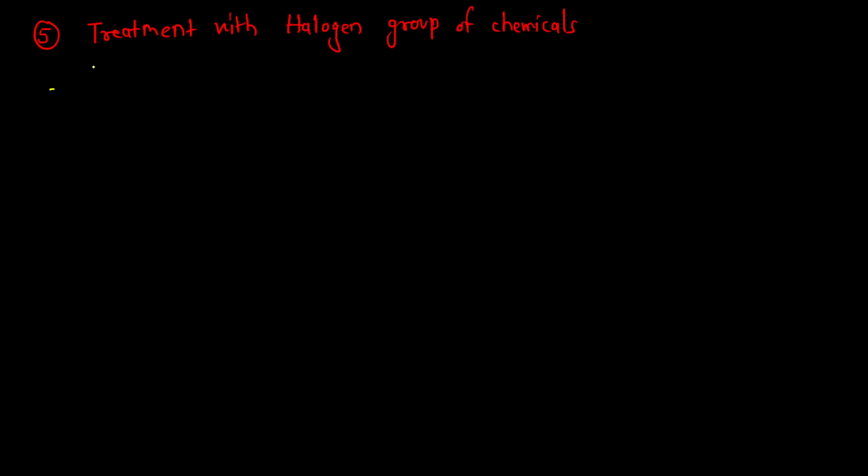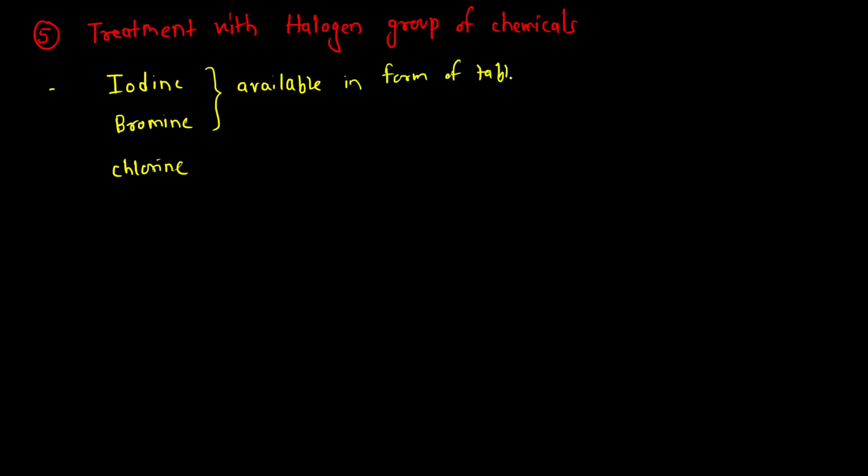In this there are three halogen compounds that we are using: iodine, bromine and chlorine. Iodine and bromine are available only in the form of tablets, and chlorine is available in the form of powder.